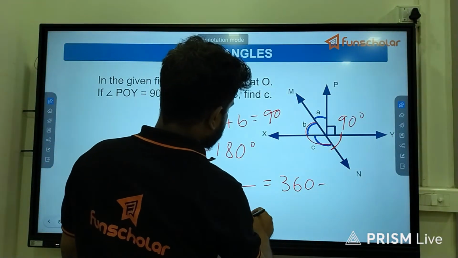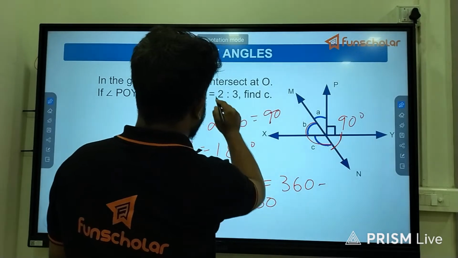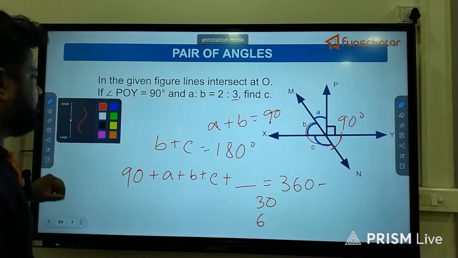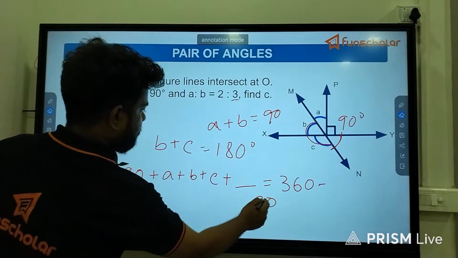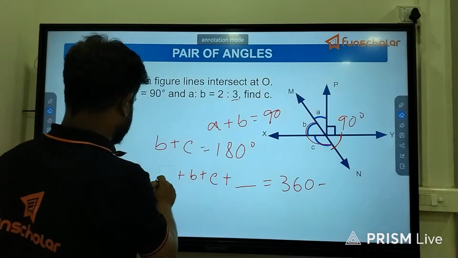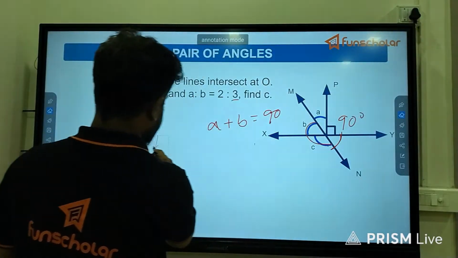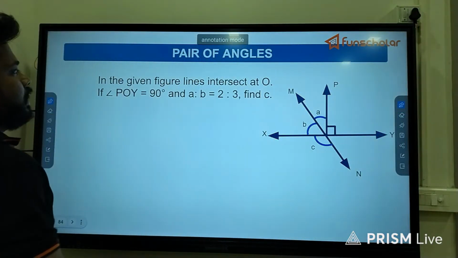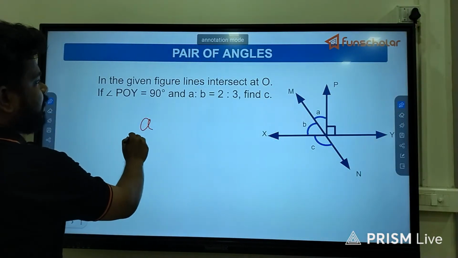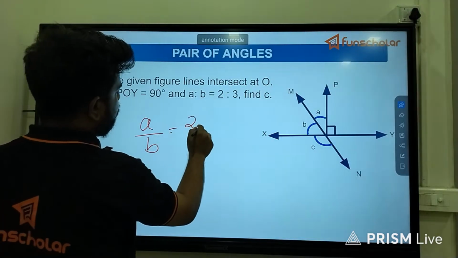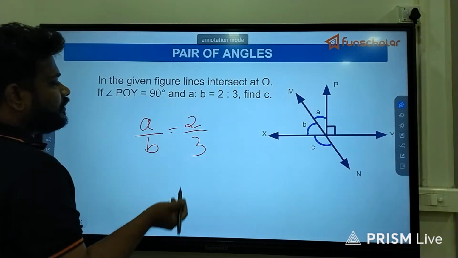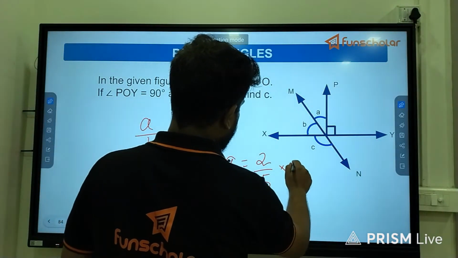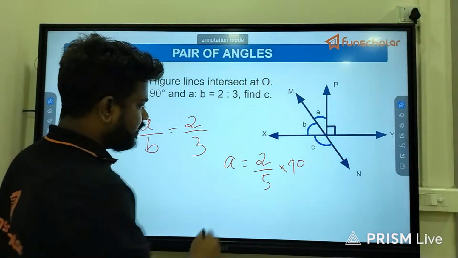So if A by B equals 2 by 3, and 2 plus 3 is 5, then A will be 2 by 5 into 90, because A plus B is 90.